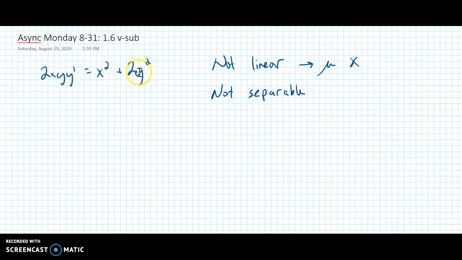For example, I could move this y squared over here, but if I factor a 2x out, then I'd have a y squared over 2x. Or you could divide by 2x and move it over there, and then that y squared is trapped. We could go through all those details, but I think you can see that I can't separate variables in this thing. So I need a different method from the two that we've talked about so far in this unit.